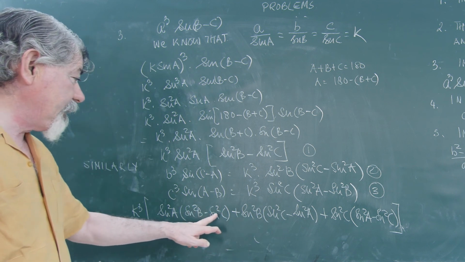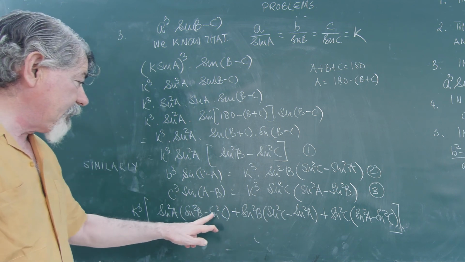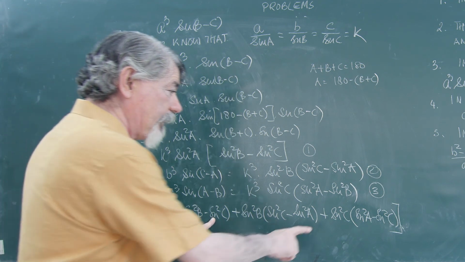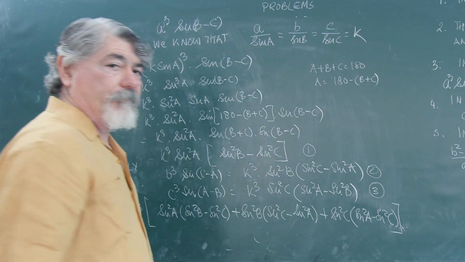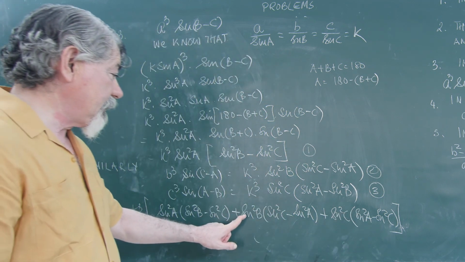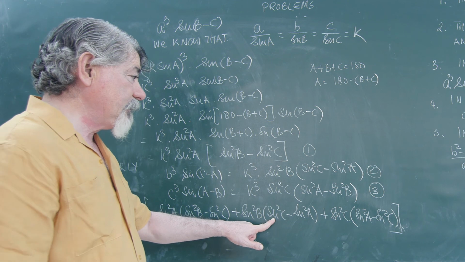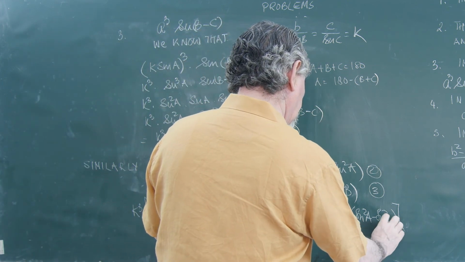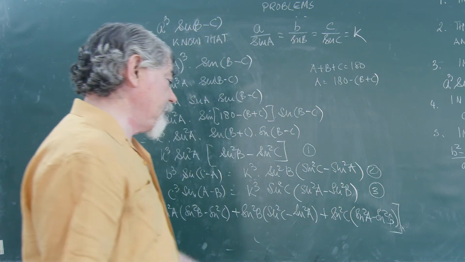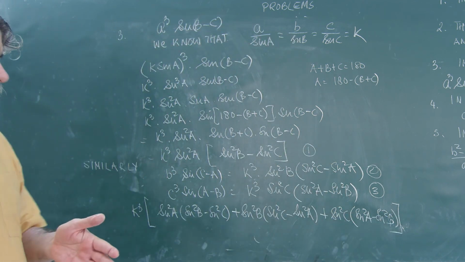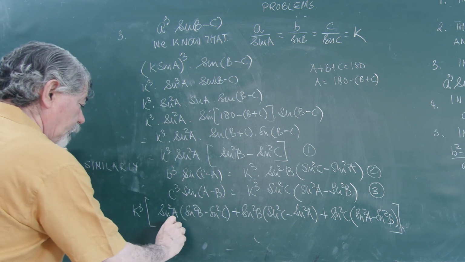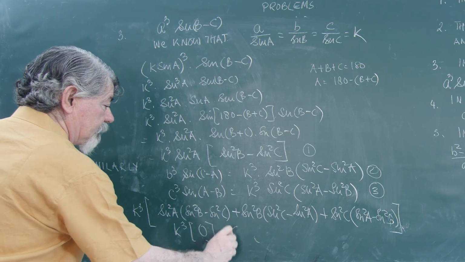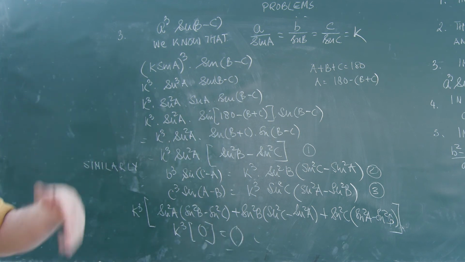Sine square A multiplied by minus sine square C will become minus sine square A sine square C, and it is plus sine square A sine square C. Similarly, sine square B sine square C is here, and sine square C sine square B with a minus sign is there. So they will all cancel out with each other. You will get 0 in the bracket. So you will get 0 as the answer which we have to prove.